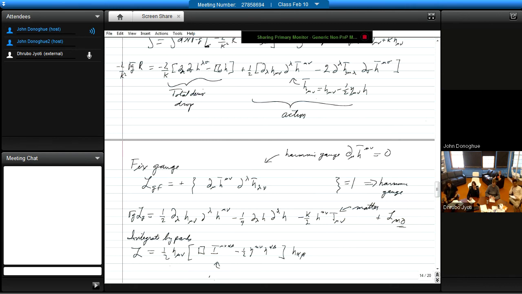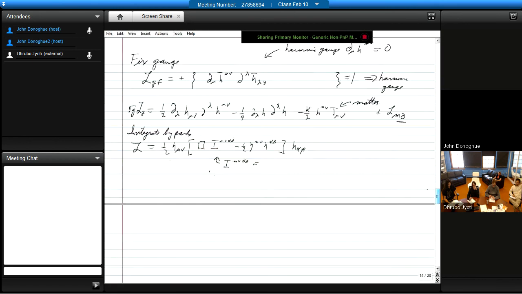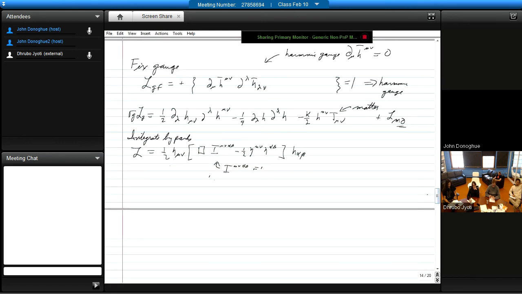Okay, the first one, I mu nu alpha beta, is just a notation that I like to use. It's 1/2 of eta mu alpha eta nu beta plus eta mu beta eta nu alpha. It's basically the identity.